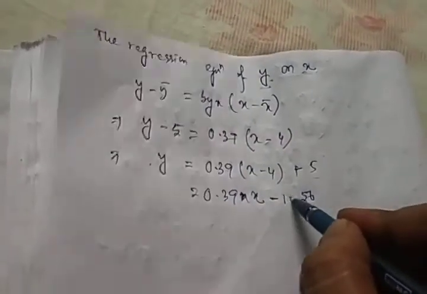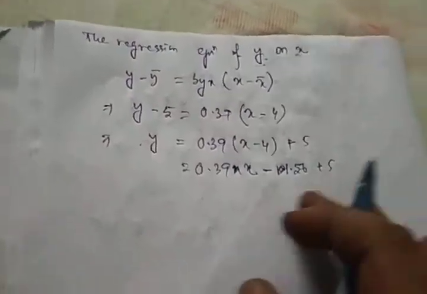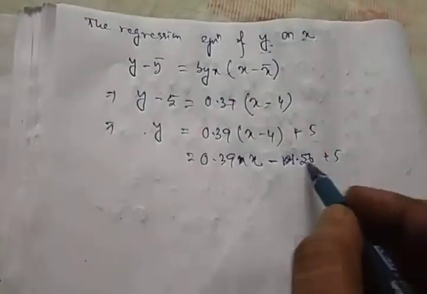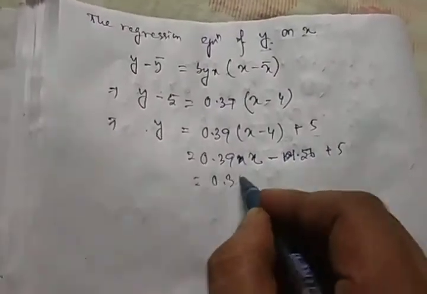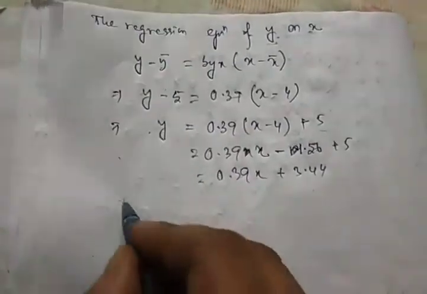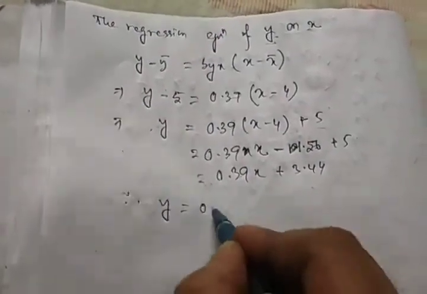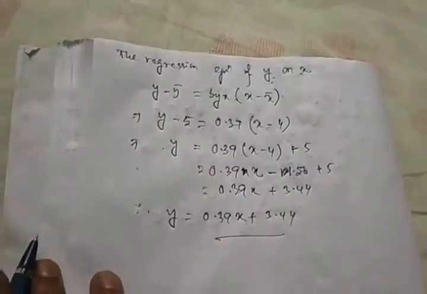Use the calculator, you can find this value 1.56, and plus 5. Using this, 5 minus 1.56 is 3.44. So the required equation is y equals 0.39x plus 3.44. Okay, so this is the equation of y on x.